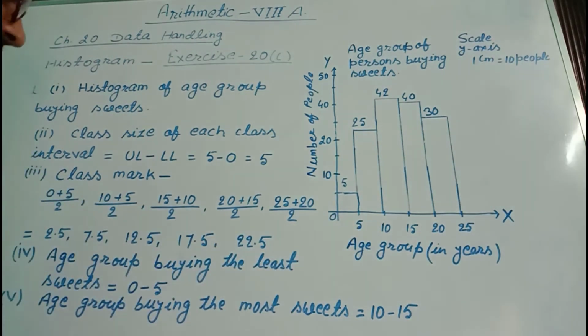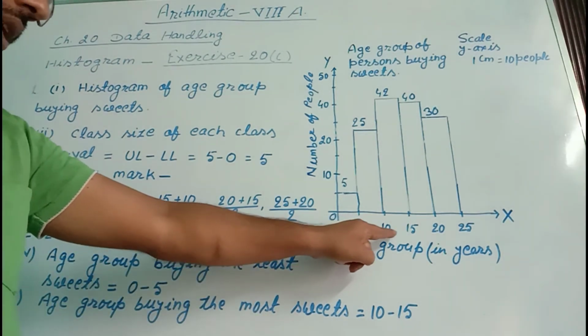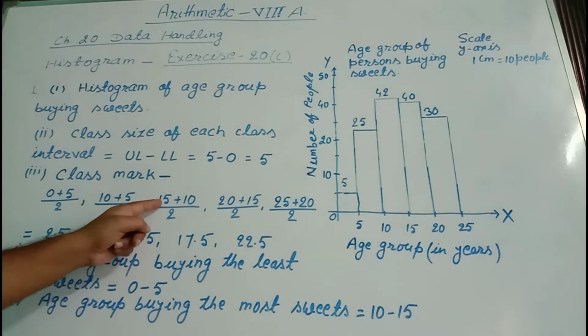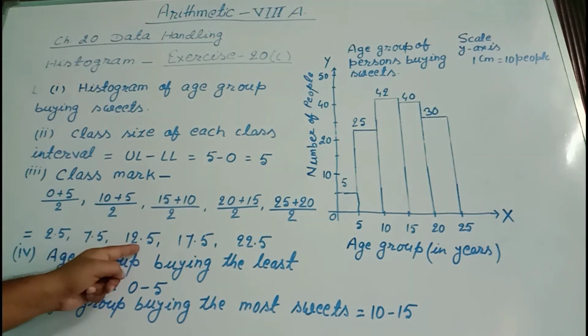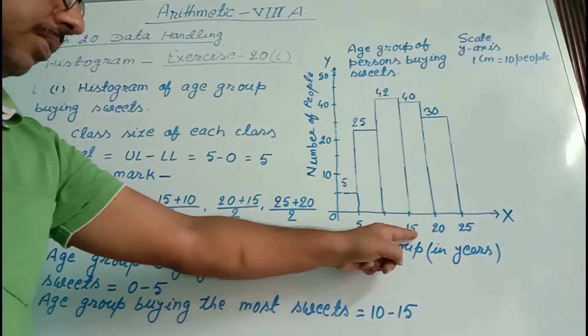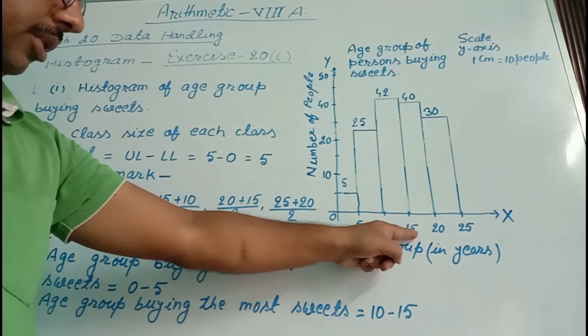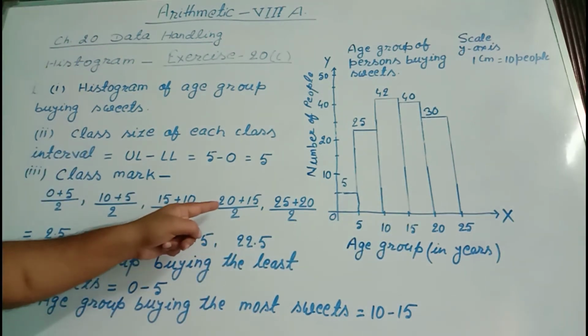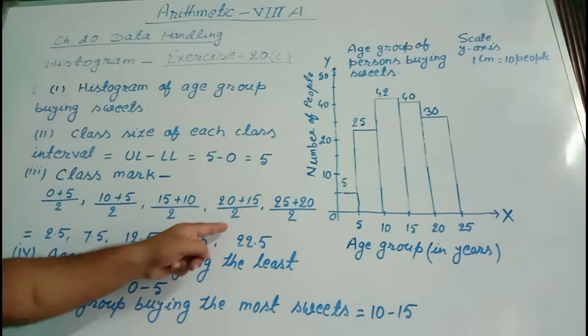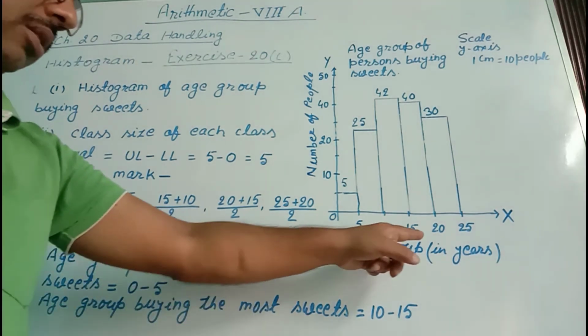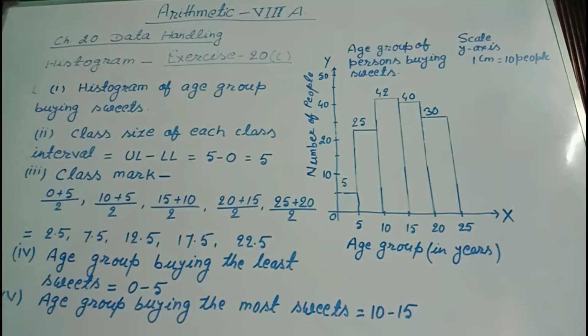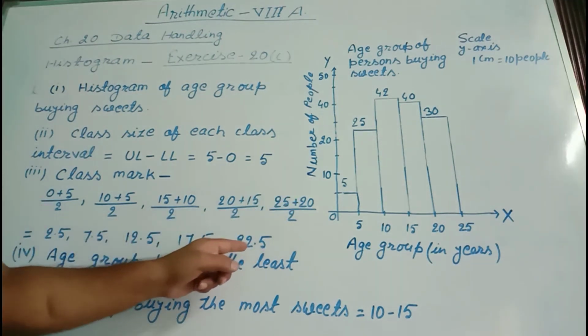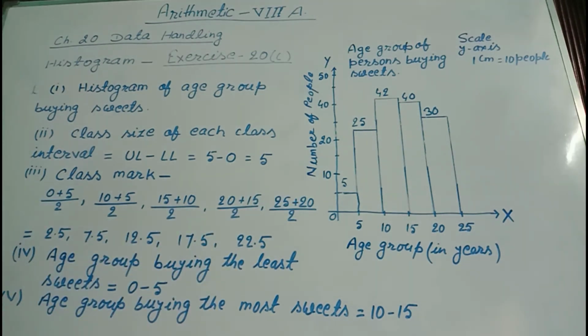Second class interval, 5 to 10, 10 plus 5 by 2, equals 7.5. Third, 10 to 15, 15 plus 10 by 2, equals 12.5. Fourth, 15 to 20, 20 plus 15 by 2, is 17.5. And the last, 20 to 25, 25 plus 20 by 2 equals 22.5. So this is a little long process to find the class mark.